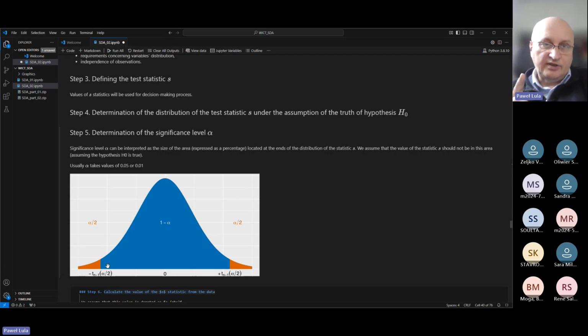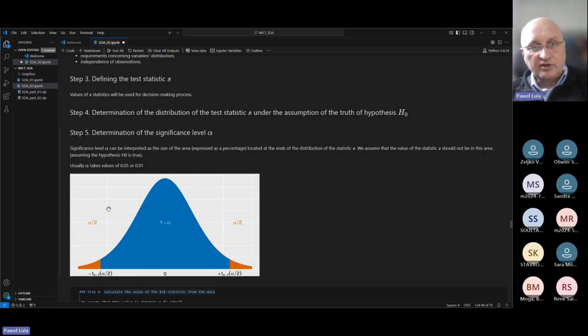How to interpret it? We know the formula, which is used for calculating a value of this test statistic, and we know the distribution of this statistic in the situation if zero hypothesis is fulfilled.